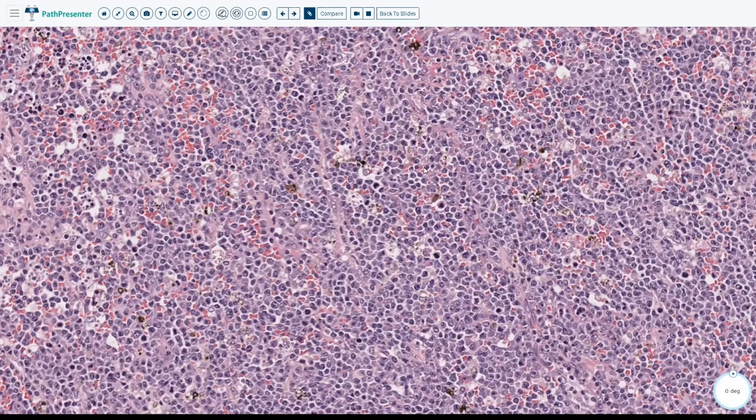What we're looking for, and again, you would want a higher power view to really take a look at the nuclear features, is do we have cleaved cells, which may be here? You can have cells that look more like immunoblasts, and I think we have a few sprinkled throughout here.